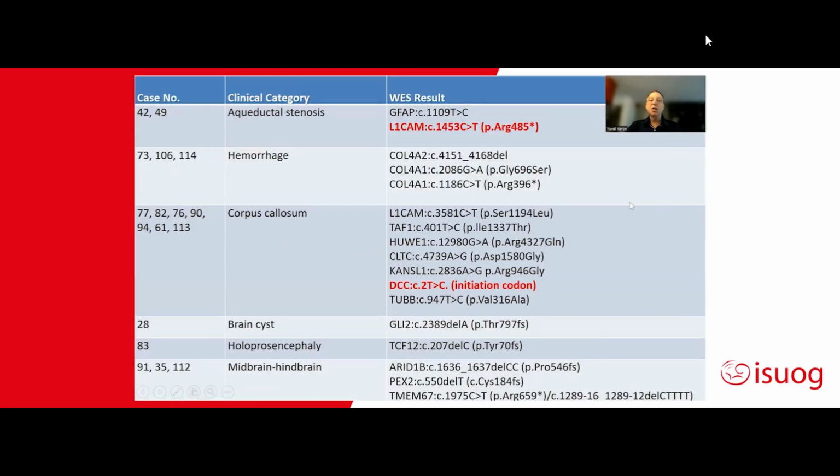And the results were usually as expected. For instance, for aqueductal stenosis, we detected an L1 mutation, and cases that resulted in hemorrhage had collagen 4A1 or 4A2 mutations. And then DCC may explain corpus callosum abnormalities and so on.